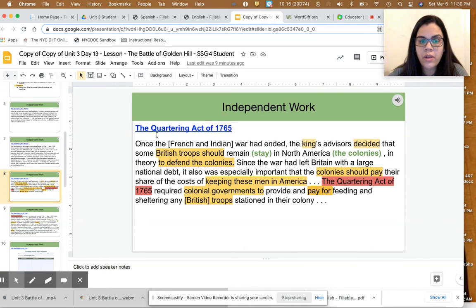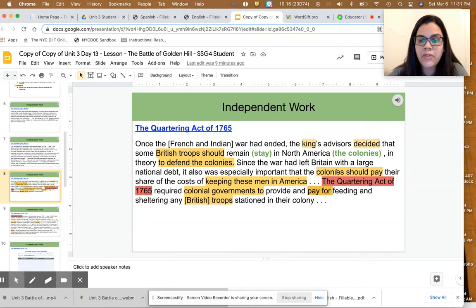So I'm going to go over here, and it says, the Quartering Act of 1765. Once the French and Indian War had ended, the king's advisors decided that some British troops should remain or stay in North America, the colonies, in theory to defend the colonies.